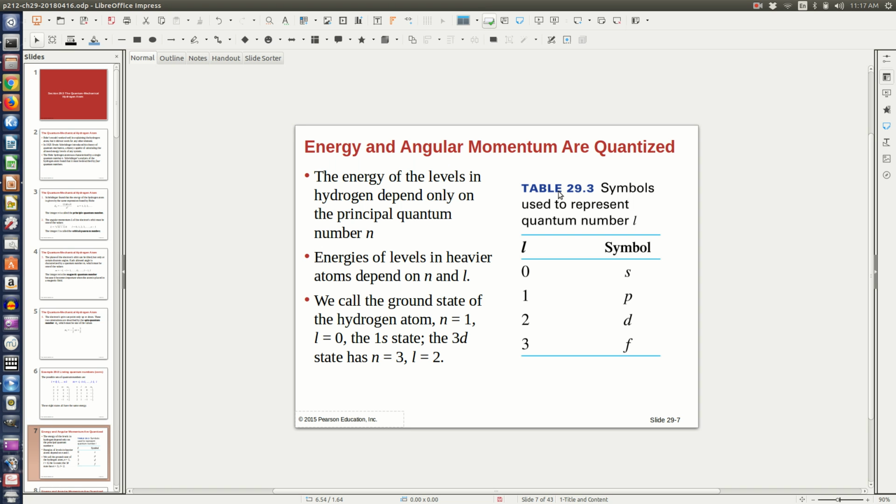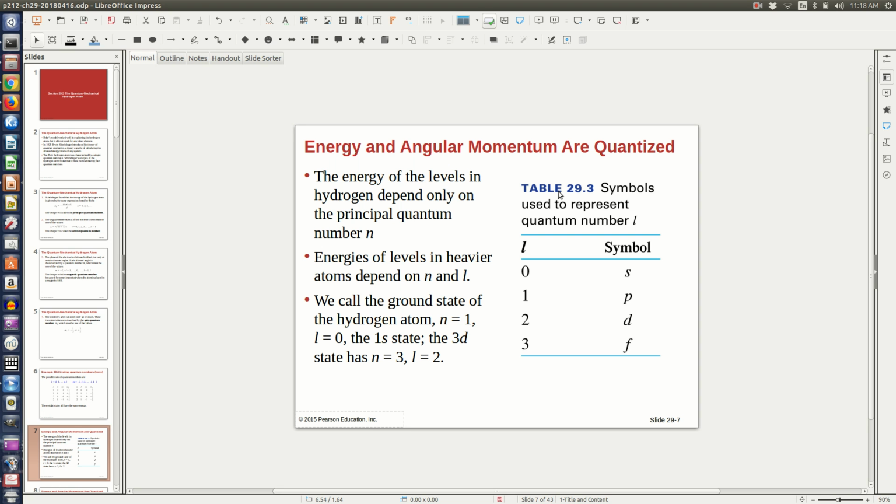So the ground state would be the state with n, the principal quantum number, equal to 1, L equals 0, and m_s can be either +1/2 or -1/2. We call this the 1s state. S historically stands for sharp, and the spectral lines that were observed for transitions to the ground state were seen to be fairly sharp, and that's where that terminology came from.